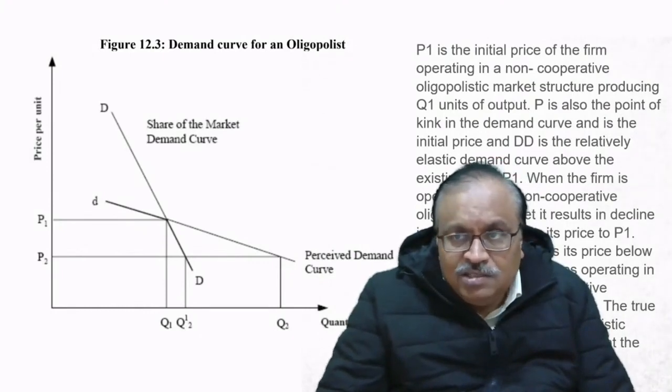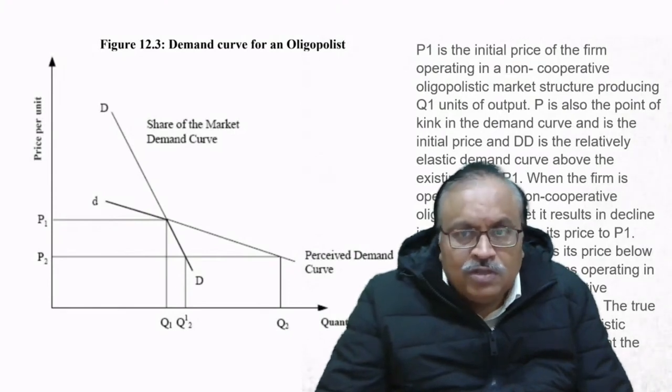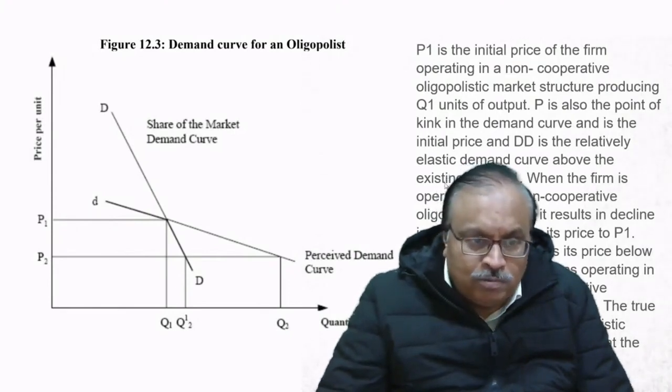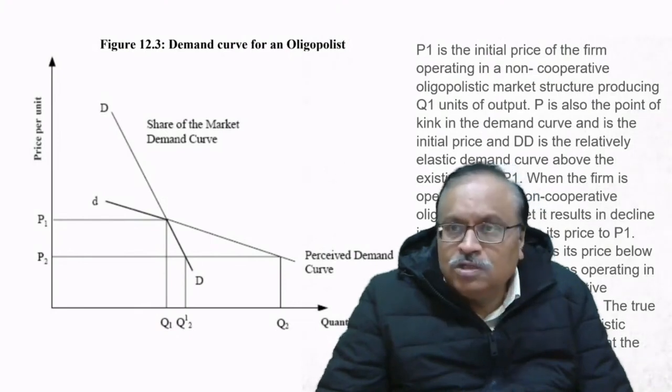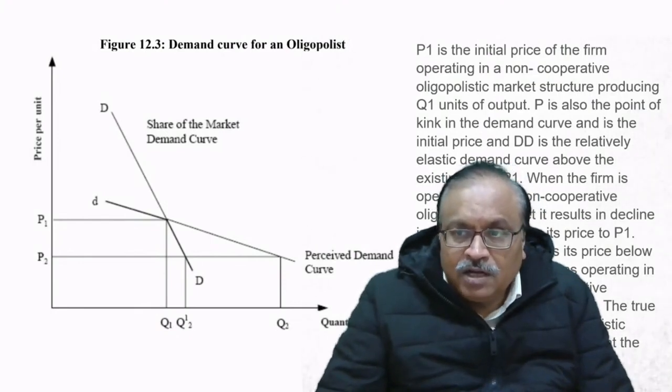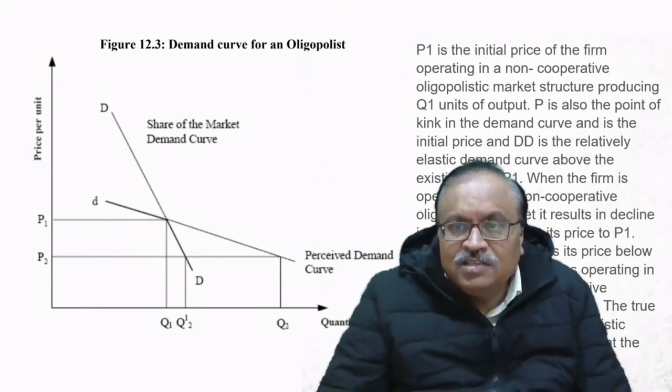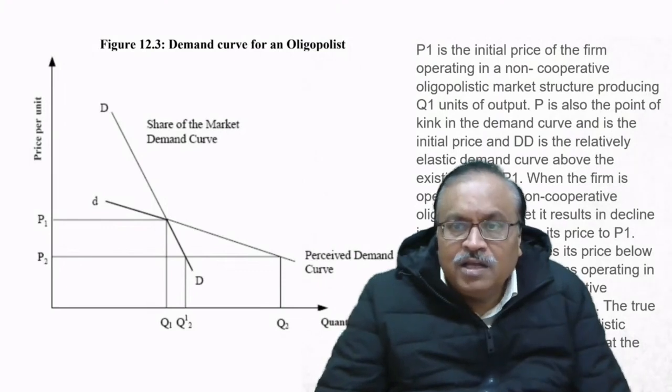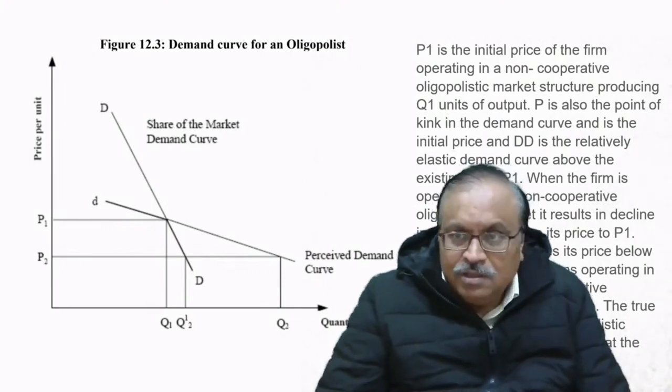So P1 is the initial price of the firm operating in a non-cooperative oligopolistic market structure, producing Q1 units of output. The point at P1 is also the point of kink in the demand curve and is the initial price. And dd is a relatively elastic demand curve above the existing price P1.